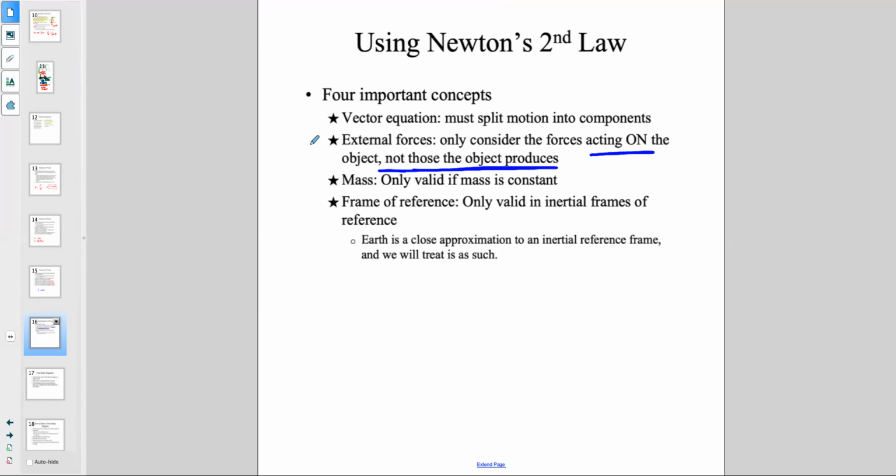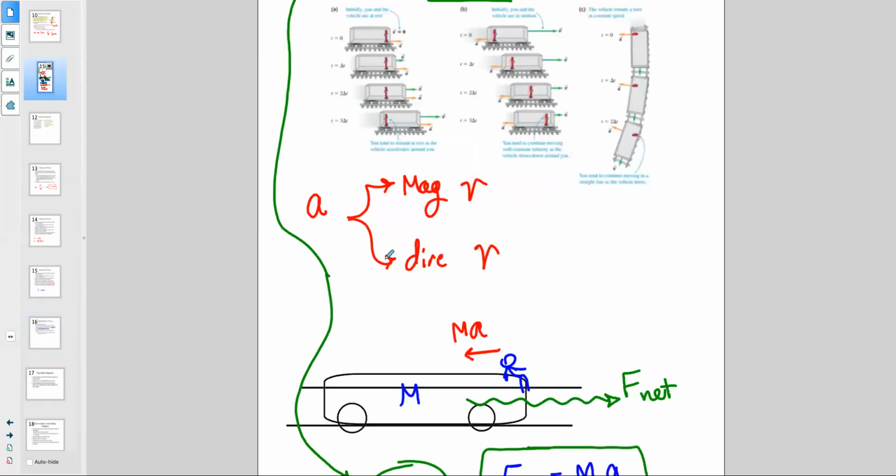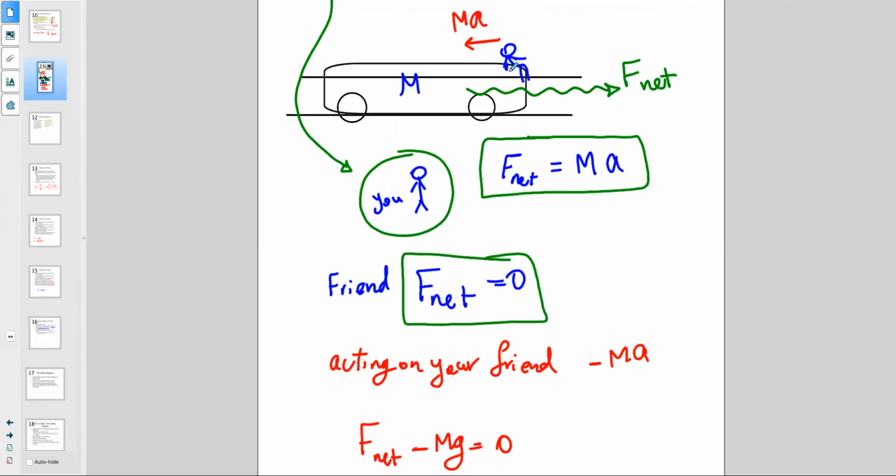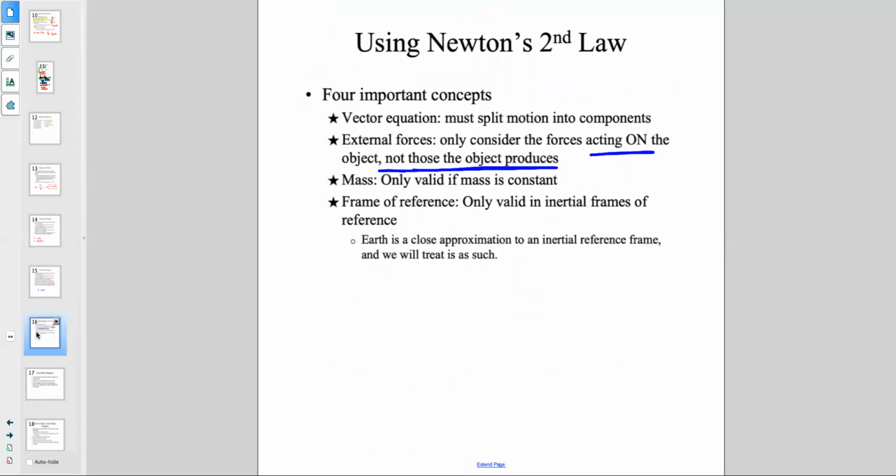As you saw, in a non-inertial reference frame, like the object moving with the train, a reference frame moving with an acceleration, you can't write the second law, okay? Earth is a close approximation to an inertial reference frame. That's why you have to consider the ground to be a reference frame for you, and we'll treat it as such.